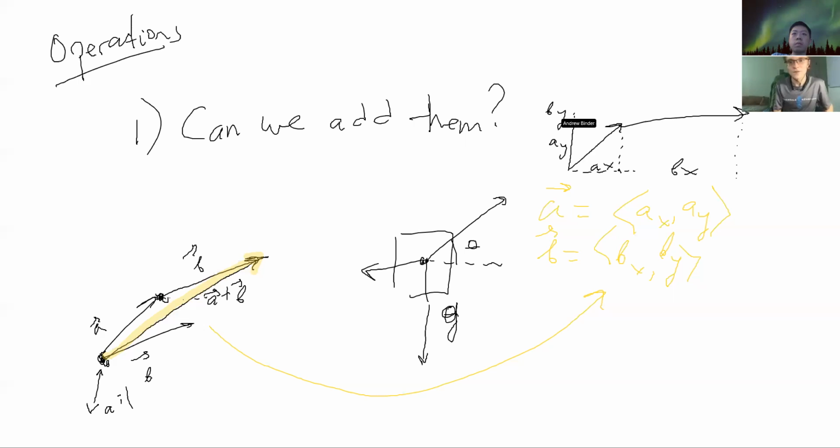Now, is B on the x-axis right now? No, the x-axis is this. I've moved B here to the head of A. So now, if I want to describe A plus B in terms of these components, what am I going to get?